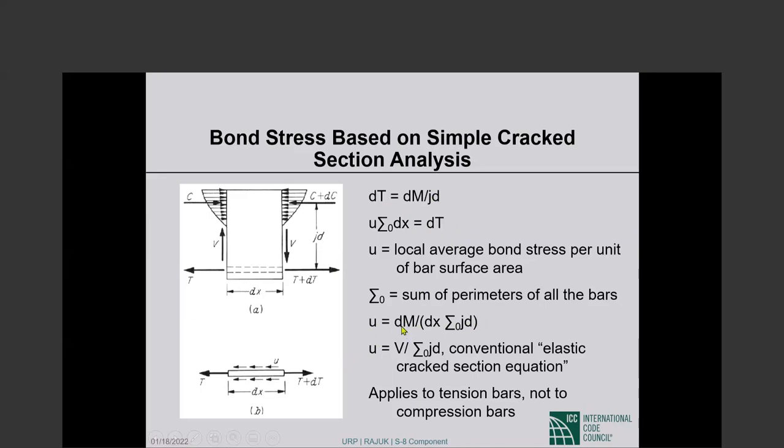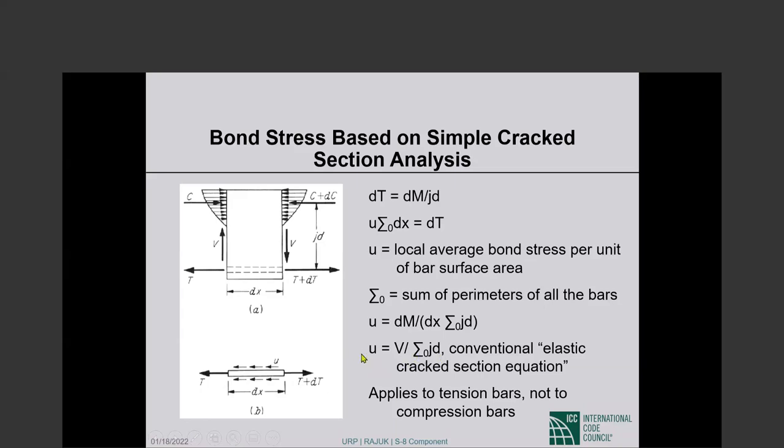So then u comes out to dM/dx, which is V. Remember from yesterday, shear is the differential of moment. So u is V divided by sigma sub 0 and the lever arm jd. This is the conventional elastic cracked section equation. In the days of working stress design, everybody was familiar with this expression.